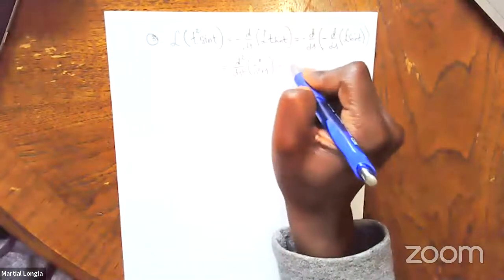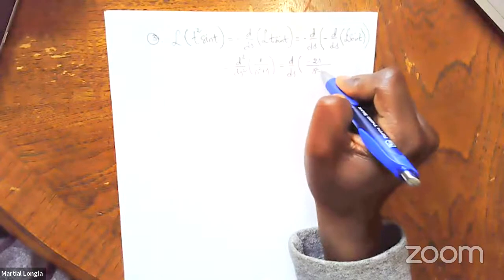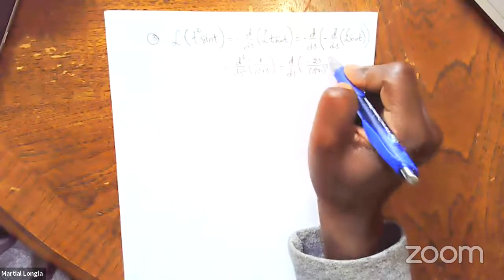All right. And then you're going to take twice the derivative. So that's the derivative with respect to s. And this is minus 2s over s squared plus 1 squared.